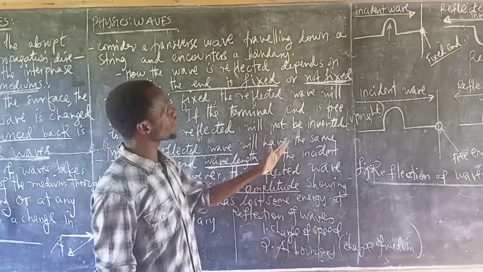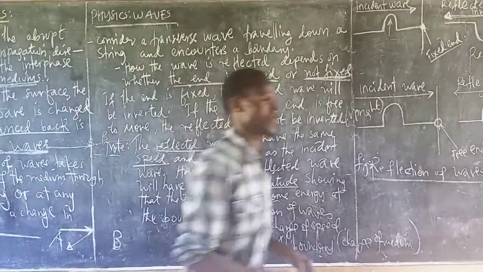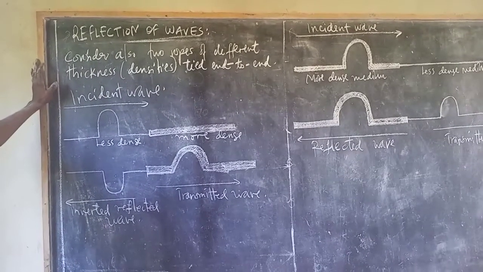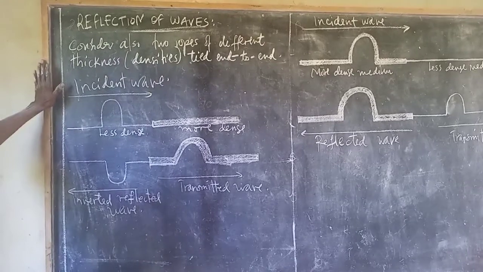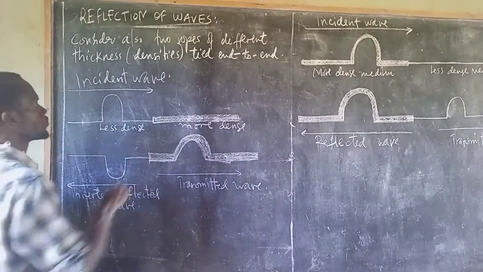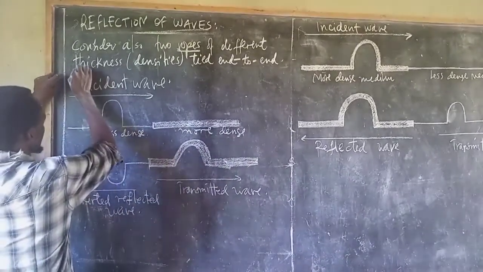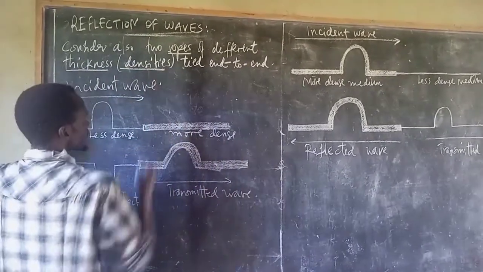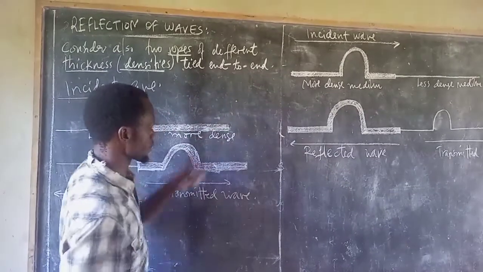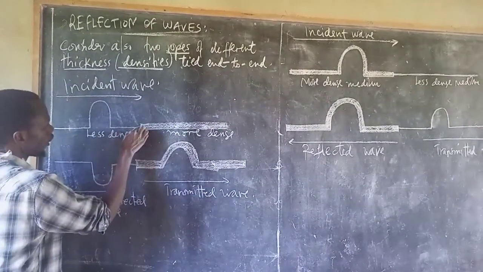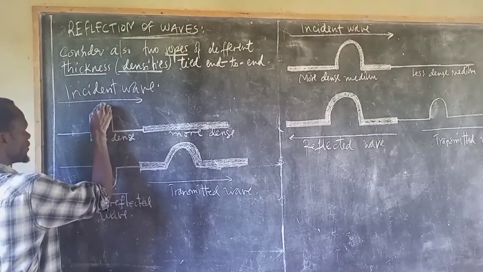Now let us see another example of reflection of waves, an example that verifies what we are just talking about. Consider two loops of different thickness, which means they have different densities, tied end to end, just joined together end to end.